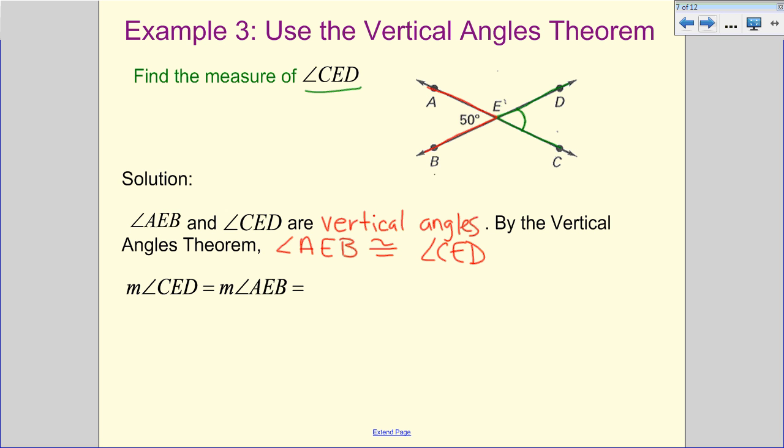They use the congruent symbol there, sorry guys. But angle AEB is congruent to angle CED. So I know the measure of angle CED equals the measure of angle AEB. And so when this is 50 degrees, I know that both of them are going to be 50 degrees. So the measure of angle CED is 50 degrees.